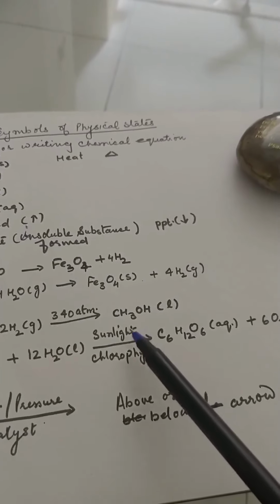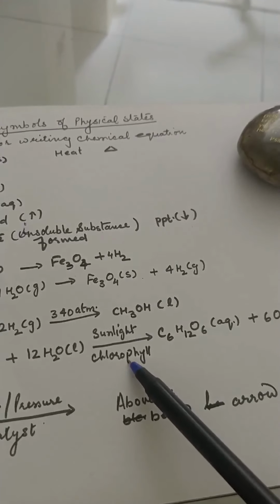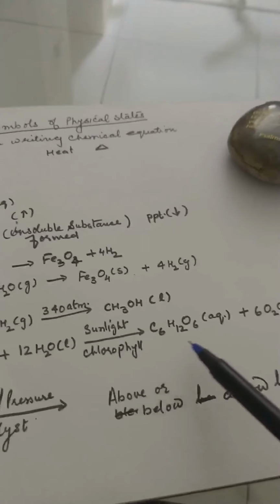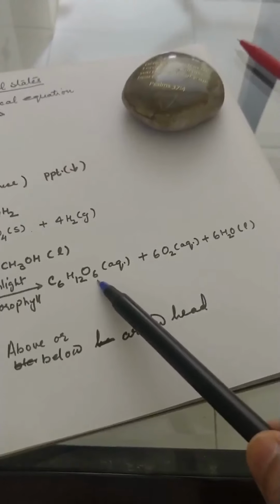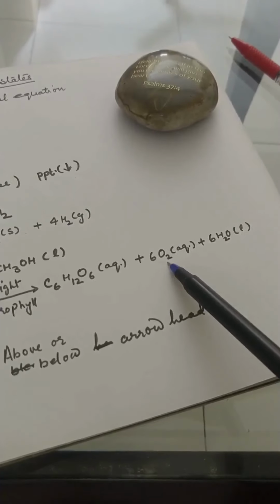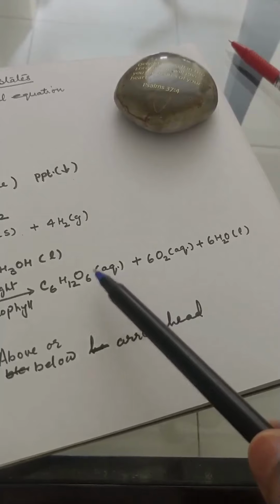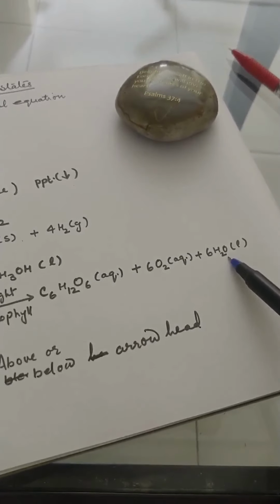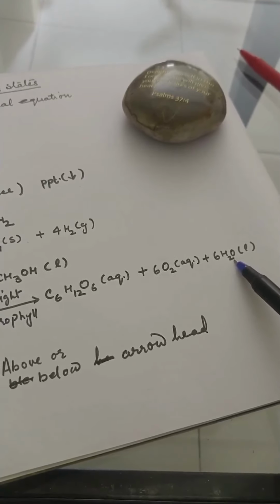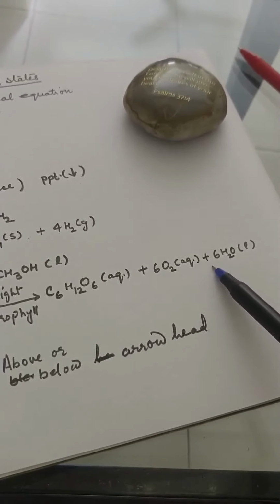Either way, chlorophyll can be written here, sunlight can be written there, right? So it forms glucose, which is starch, oxygen, also in gaseous state. This is also in aqueous state because it is dissolved in water, and water, liquid. So this reaction takes place during photosynthesis in plants.